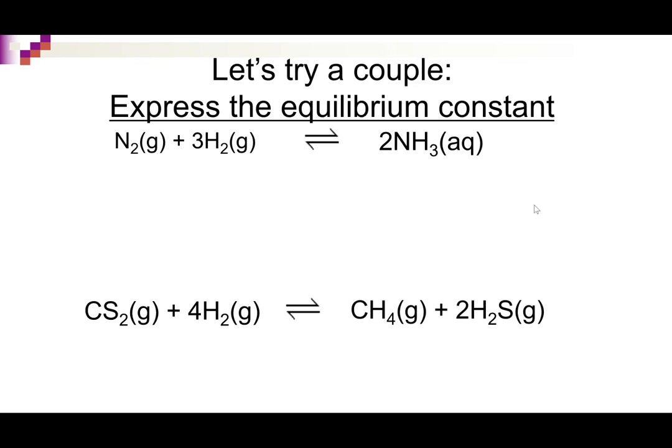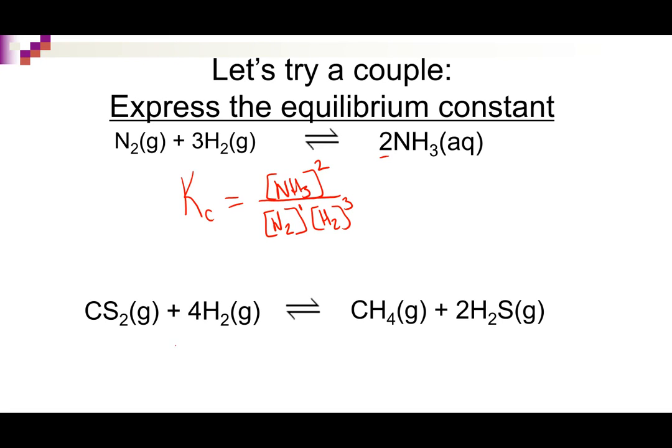All right, so we've got products over reactants. For the first one, equilibrium constant K is products, which is NH3, and we're going to square that because of the coefficient. Over reactants, so N2 times H2, and that's cubed, and N2 has a 1.